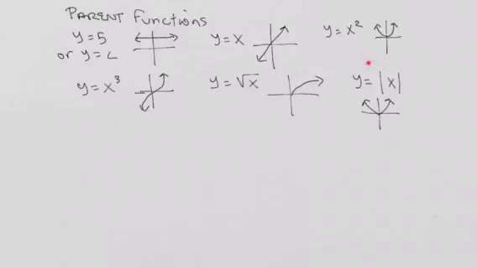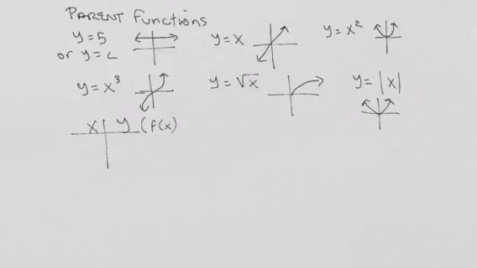And then here we have an absolute value function, and in all of these things you can draw a table. I could have called this f of x instead of y, like for that absolute value function.